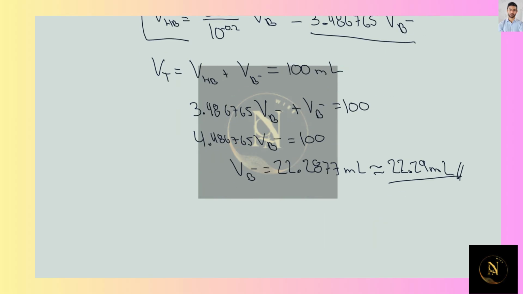Finally, in order to get the volume of benzoic acid, we are going to use the first equation. We know that volume of benzoic acid plus volume of benzoate needs to be equal to 100. So volume of benzoic acid will be 100 minus 22.29, giving us 77.71 milliliters.